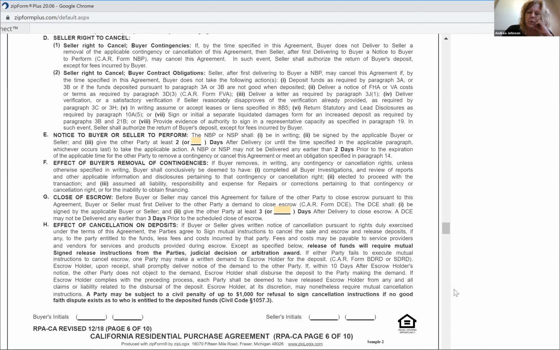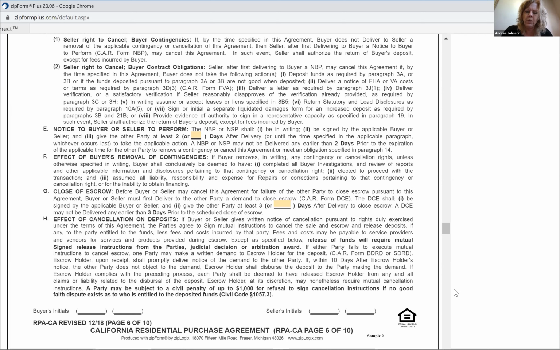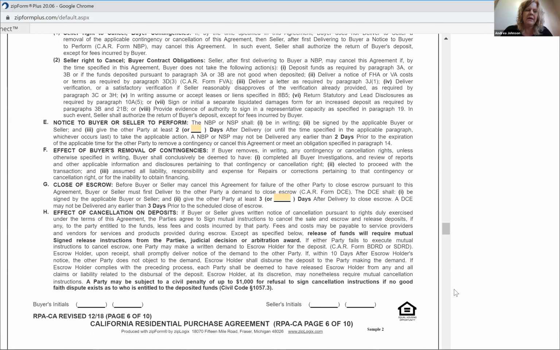And why is it 3 days? Because if the scheduled close of escrow date was a Friday and you can't close escrow on a Sunday, that's why it's not 2 days in the case of the demand to close escrow. And then also paragraph 30F covers this by rolling, if the last day for an event occurs on a Saturday, Sunday, or legal holiday, it rolls it forward.